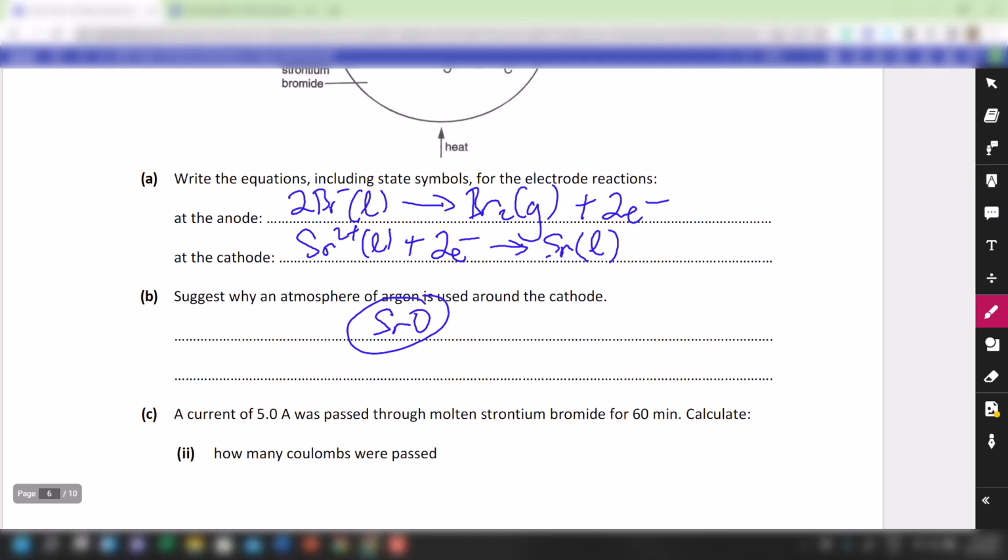If you wish to, you can also highlight that strontium is likely to react with the water vapor in the air, and in the process we might end up with strontium hydroxide on the surface. So these are two possible side products if it is produced in atmospheric conditions.